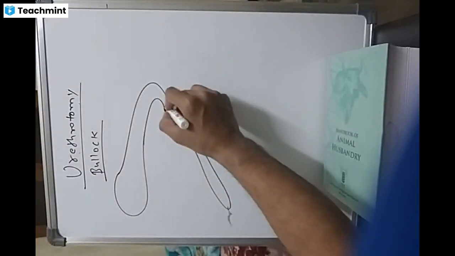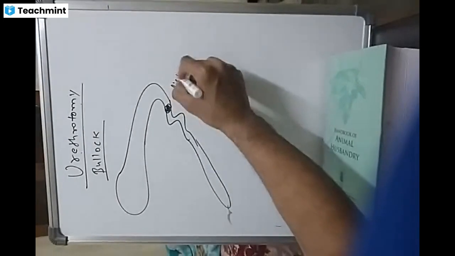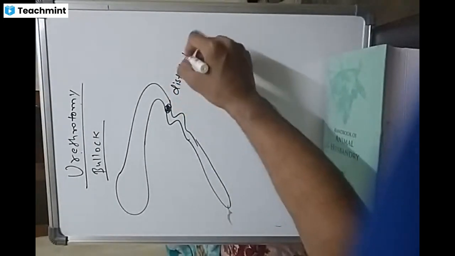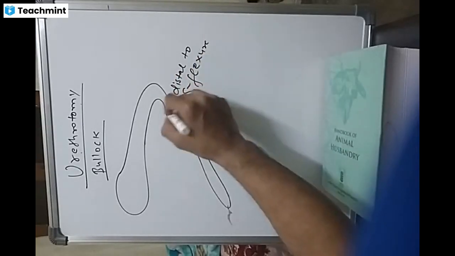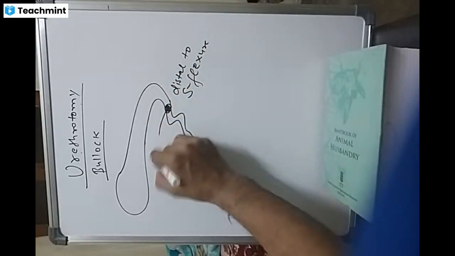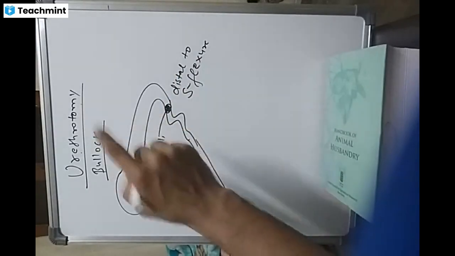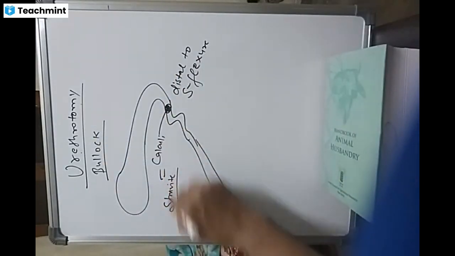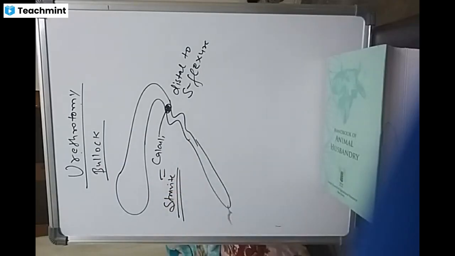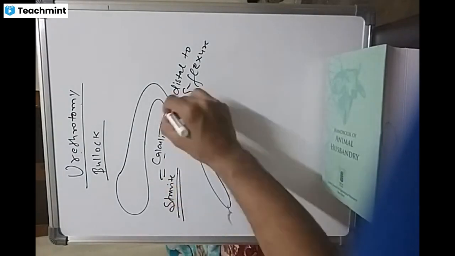Distal to the sigmoid flexure, calculi is there. Which calculi is more common in case of ruminants? Struvite, in those which are eating feedlot diets, because in case of pasture grazing, the most common is silica. So this is calculi here.